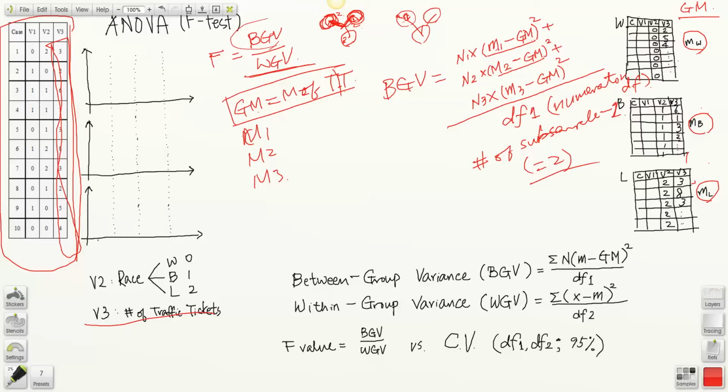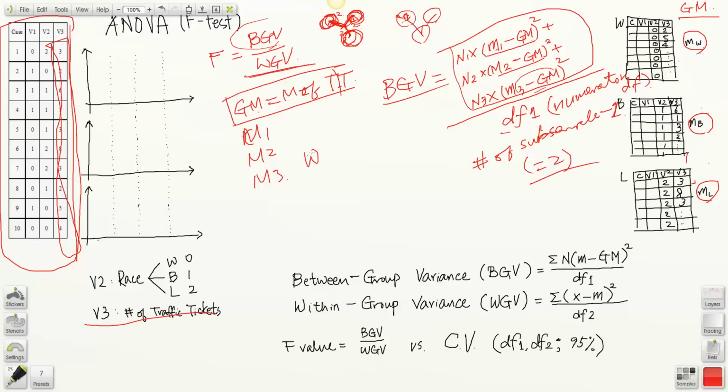Same goes here. This distance, which is here, you square that and then multiply with the sample size. That's going to give you the numerator part of this between group variance, and don't forget to divide it with degree of freedom. So it's going to give you between group variance.